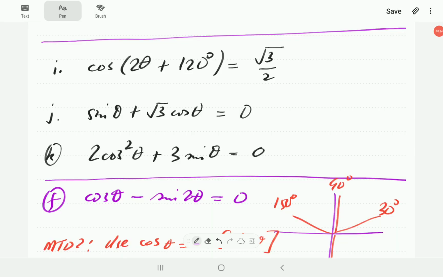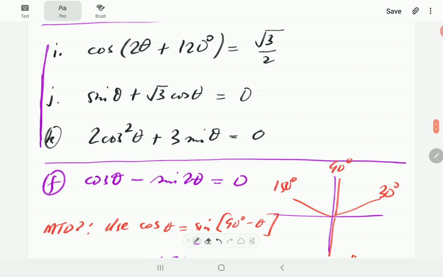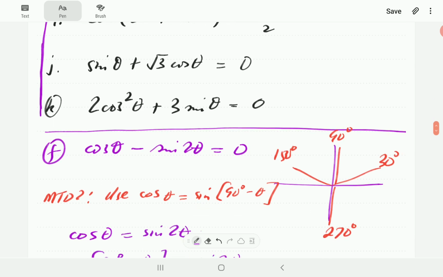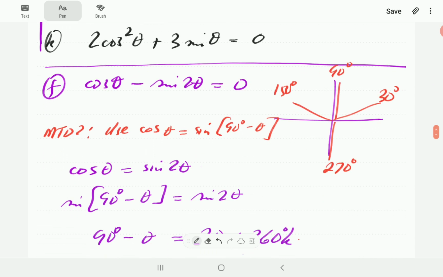Alright, so I imagine you've been having a go at these three exercises here. I'm going to start by going back to F. In F, I said there are two methods of working out this problem, and then I forgot to go through the second method.